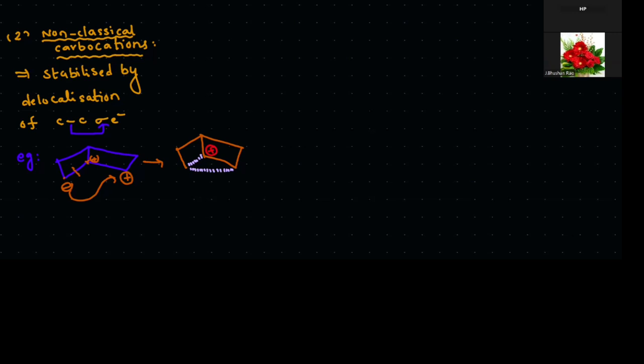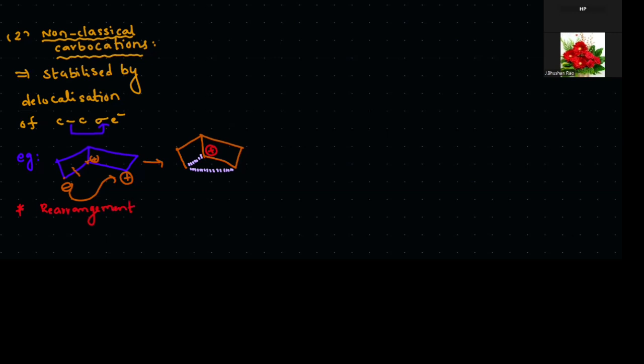Generally we will discuss only classical carbocations. Non-classical carbocations we don't use in any kind of reactions, only in very few cases. That kind of reactions are called rearrangement reactions.